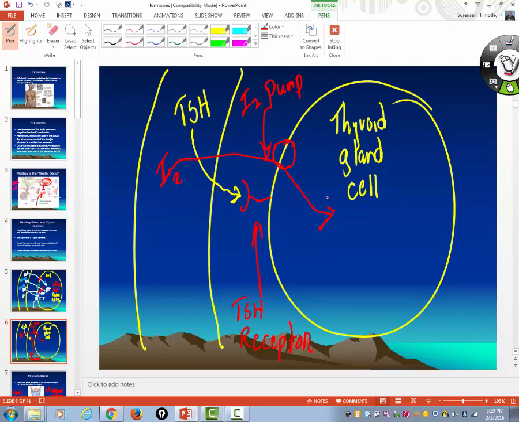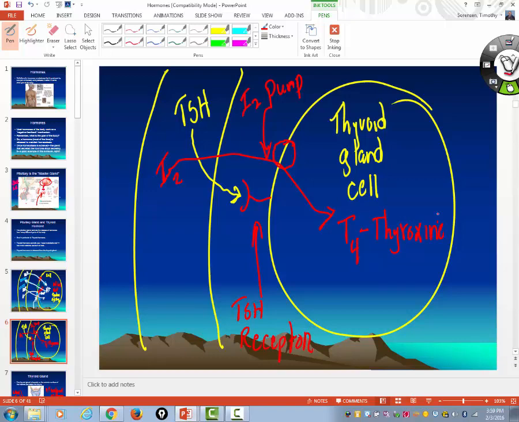Thyroid stimulating hormone also stimulates the production of enzymes that will begin the protein portion of the thyroid hormone, but I'll skip that. So in the thyroid gland cell, you will begin to manufacture T4. T4 is thyroxine.